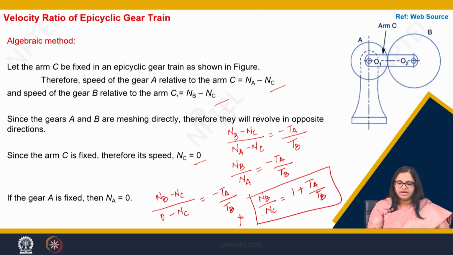If we know the speed of NC or NB, we will be able to find the relation of the speeds of the individual elements in an epicyclic gear train. More about how to solve this problem we will go through while we solve in the tutorials.